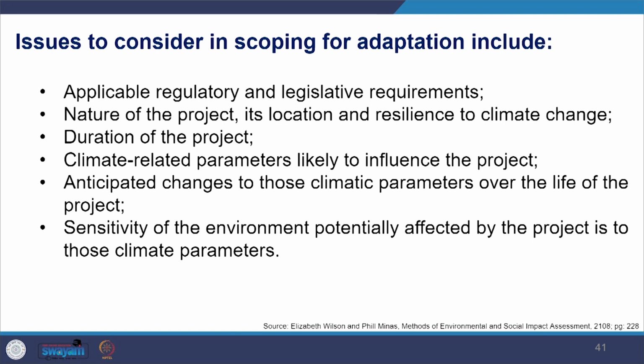So when you simulate those climatic parameters, you should see how sensitive your project is to them, so that it gives you an idea of how your project would behave in cases of accidents or different extreme events. So you have to review the possible changes in the time span of 50 or 100 years into the future.